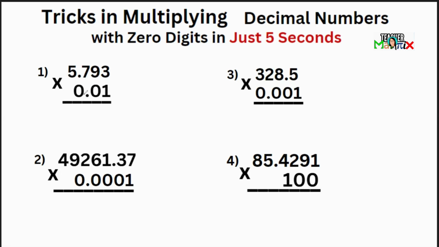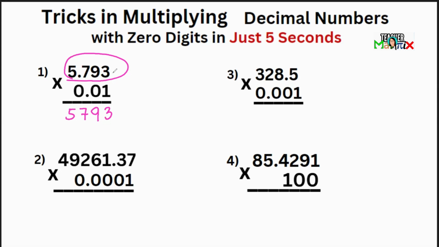5.793 times 0.01. Okay, just simply copy this, except the dot, ha? So, 5.793. Then, from the right, how many times? O ilang beses kaya mag-move?